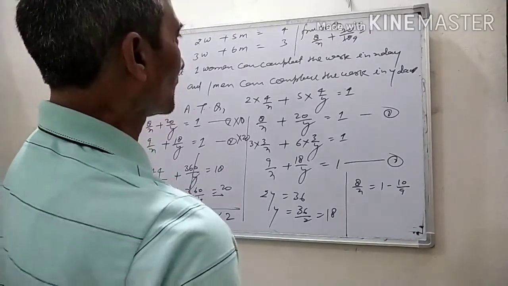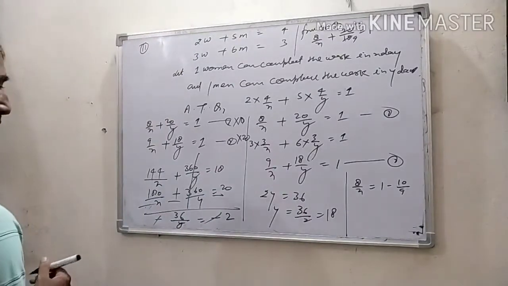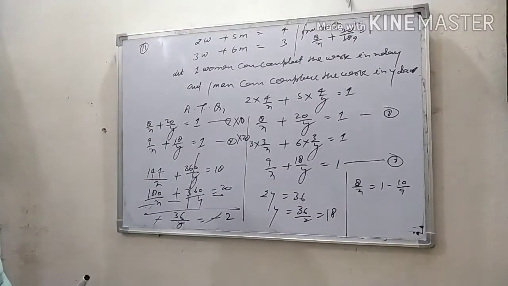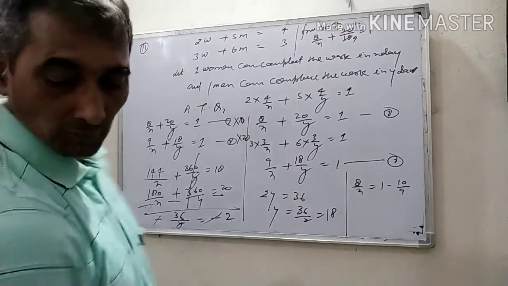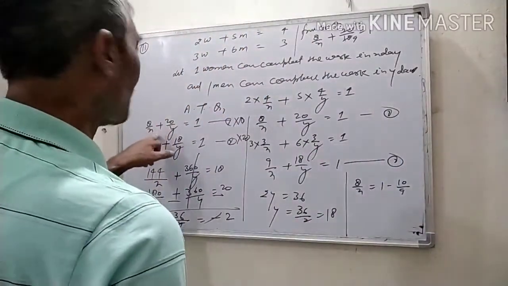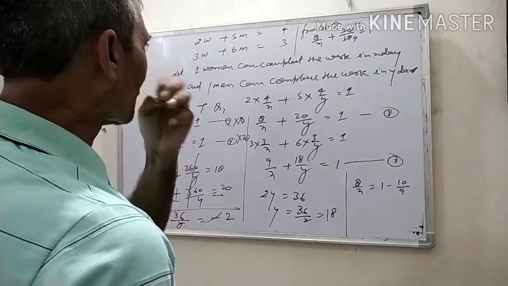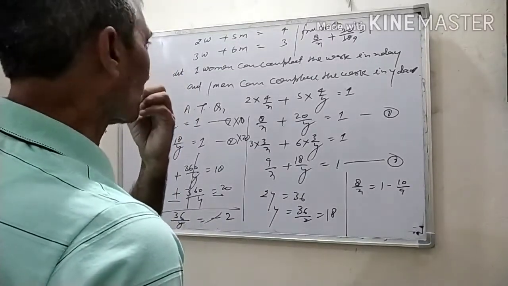Y is equal to 18. Substitute in 8 by x plus 20 by y equal to 1.